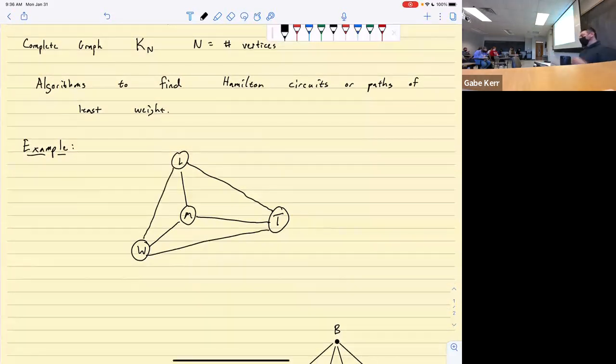And if we're interested in making a circuit, like let's say we're a traveling salesperson, we want to visit each city, then all of the circuits have sort of the same length, right? All the circuits will have what length? If I draw a circuit on this graph, how long is it in terms of the length of the circuit?